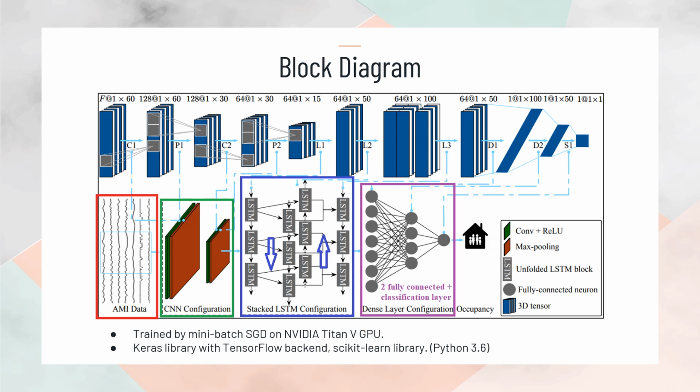The formulas representing this entire model are listed on the next slide, which will help you to understand the maths behind this architecture. BiLSTM learns the contextual dependencies in forward and backward direction. The purple box shows the last part of the architecture, which is made up of 2 fully connected layers followed by a sigmoid function. As this is a binary classification, sigmoid is a classical solution.